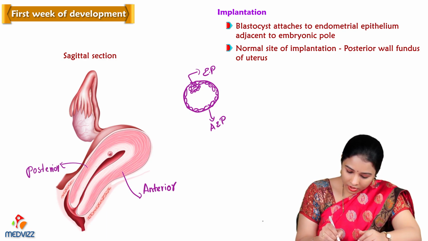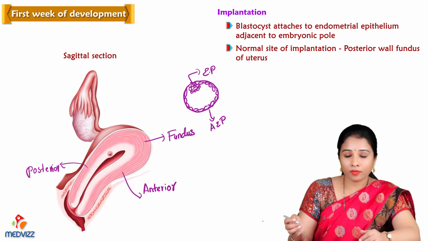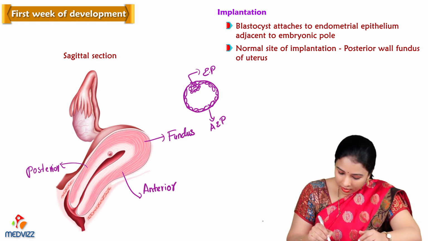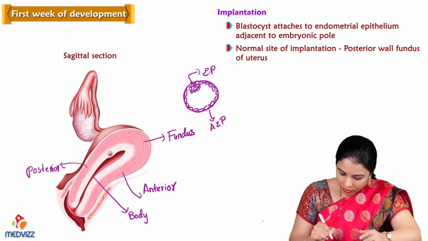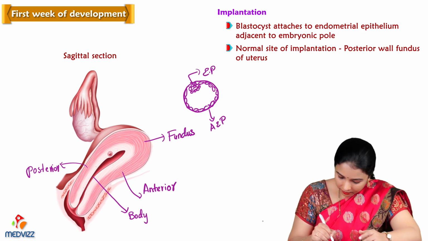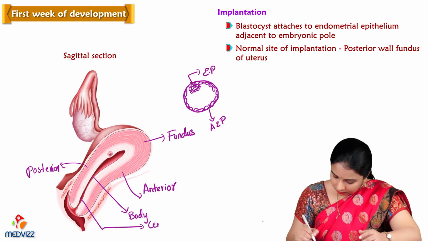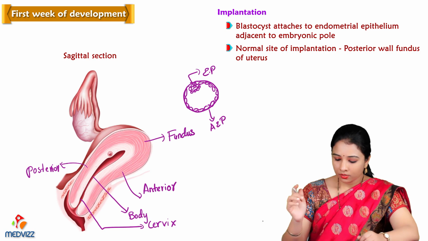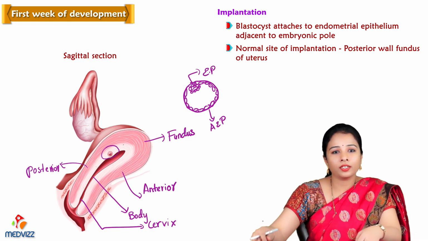If you see the uterus, it has the fundus, the upper projected part, present above the level of the uterine tube, and the central part is the body, and the body continues to form the cervix. So we can see here the posterior wall at the junction of the fundus and the body. So this is the site of implantation.